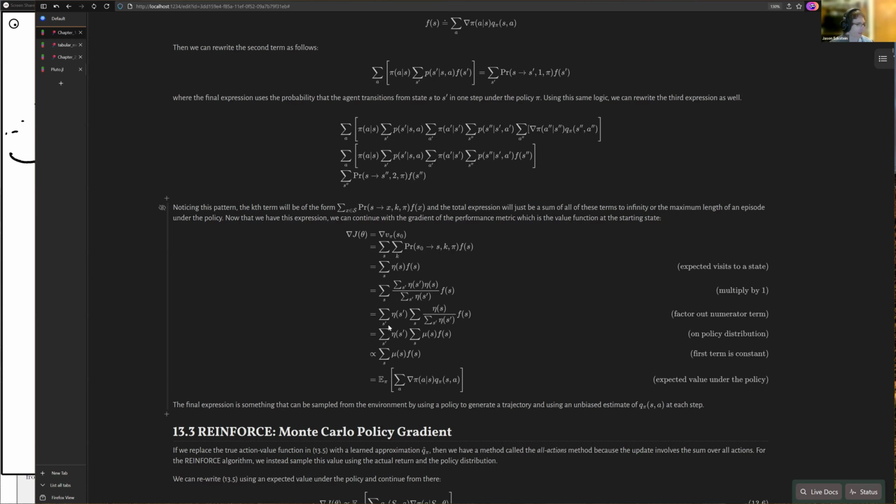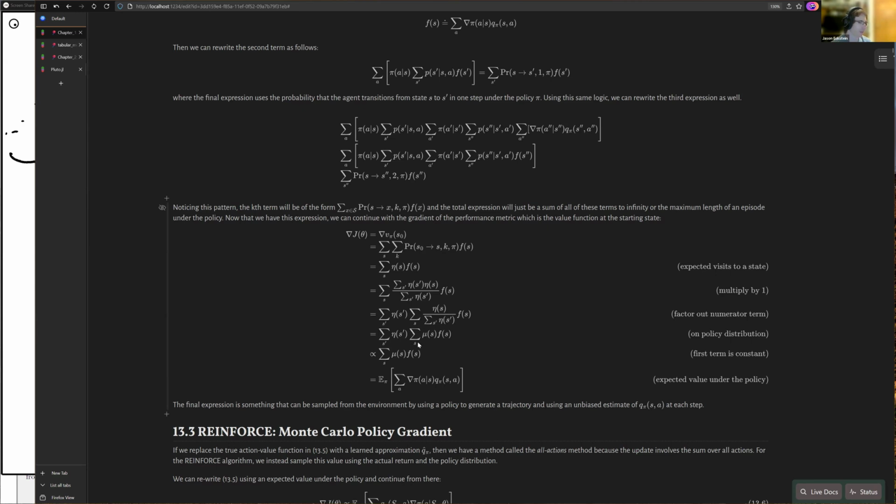And this expression is just the denominator term, which I believe is the expected length of an episode, which is just some constant term, which doesn't matter. It can be compensated for by the learning rate in the gradient, right? The point is that this doesn't actually depend on the state we're in.